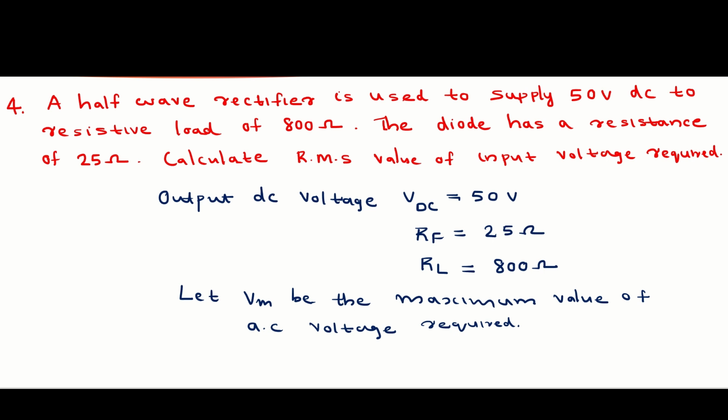We have to find out the value of Vm. For that, we know the expression of the DC output voltage, VDC, which is equal to IDC, the DC output current, into the load resistor RL.